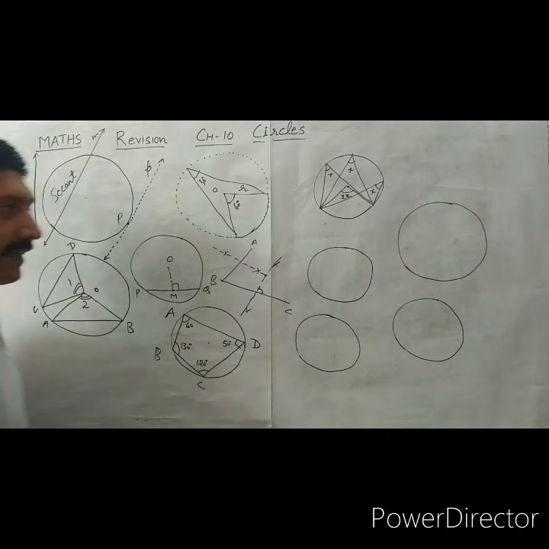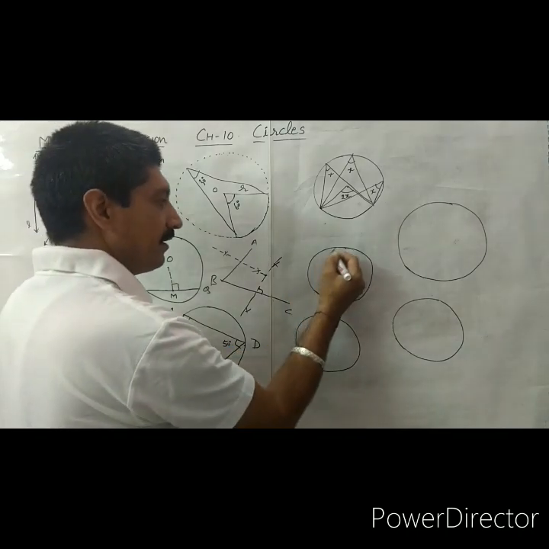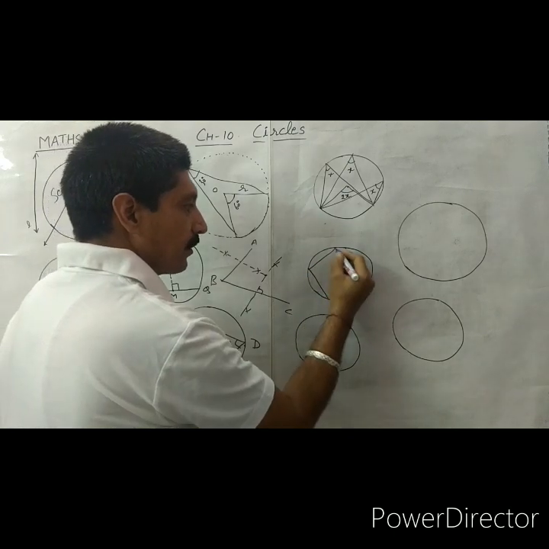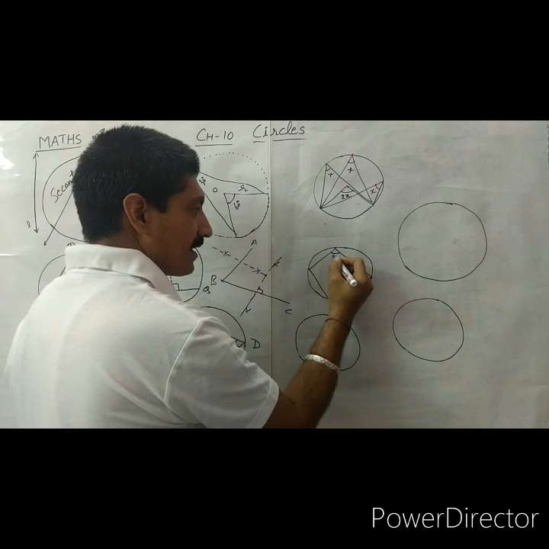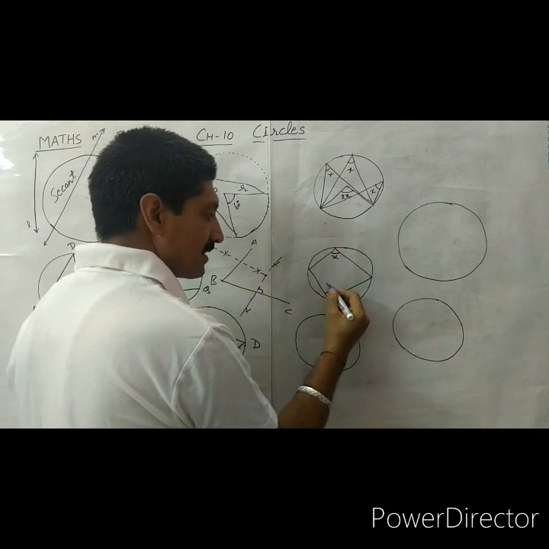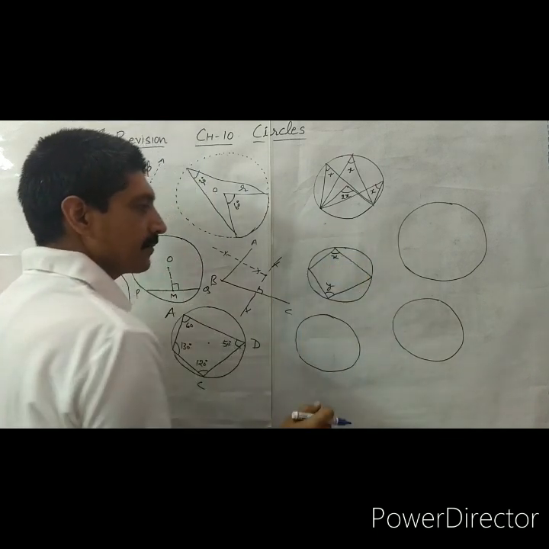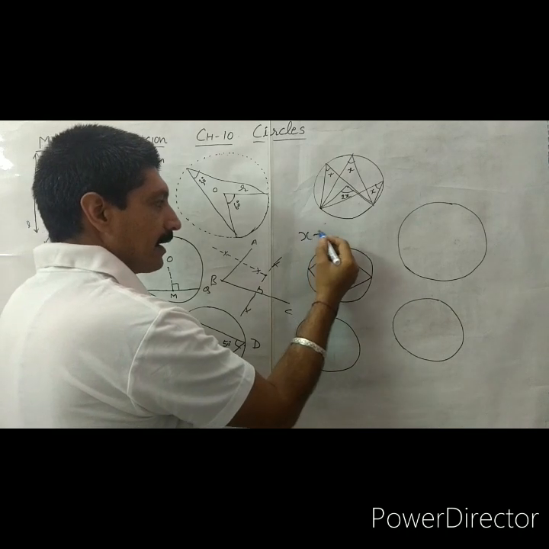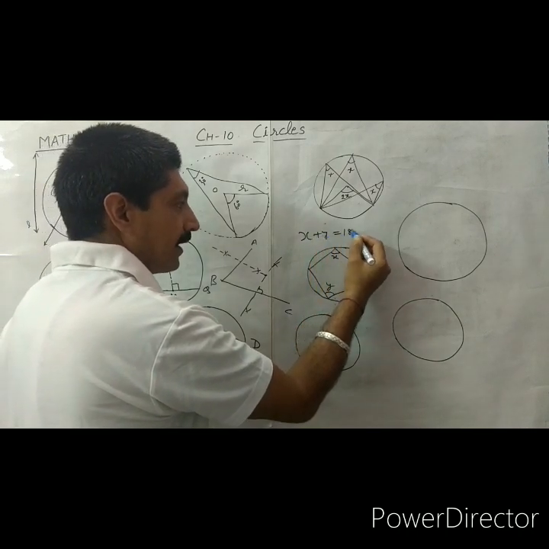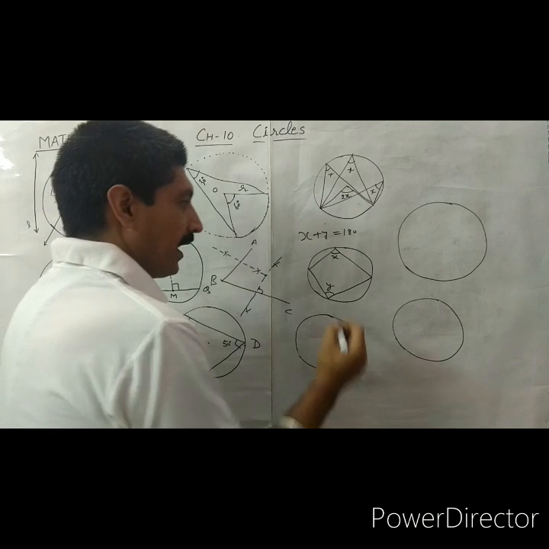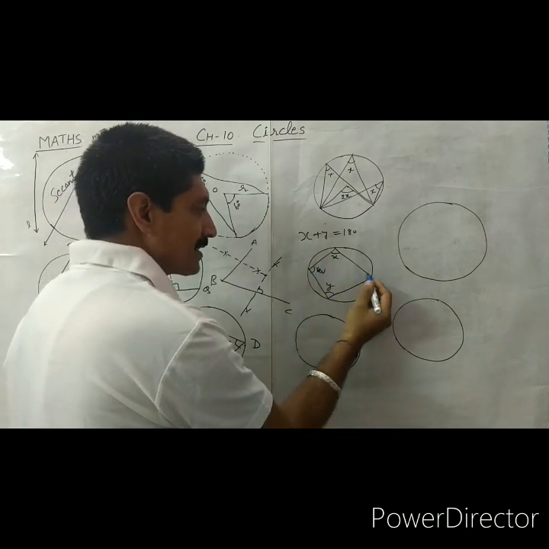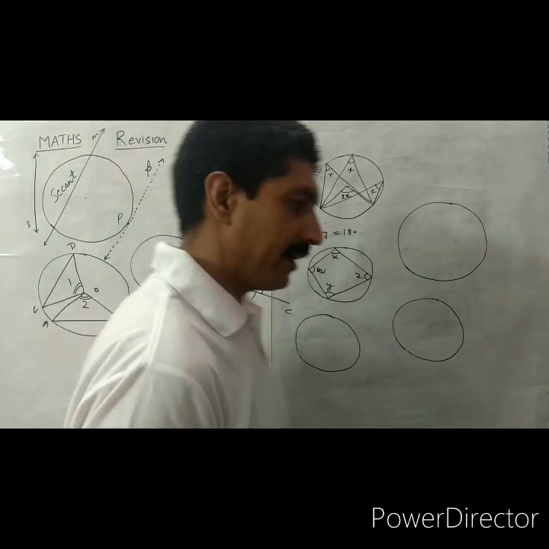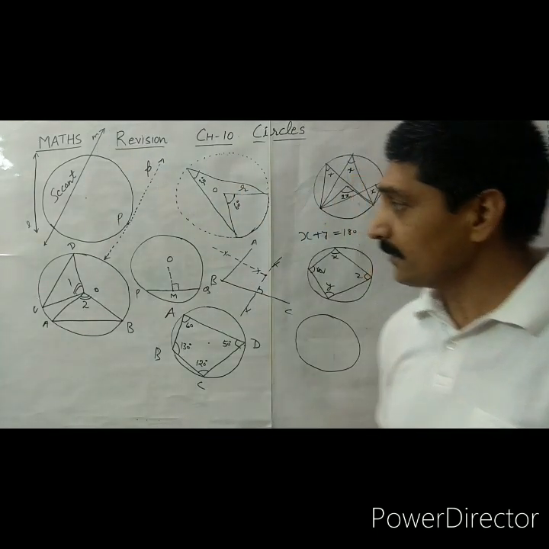So always in a cyclic quadrilateral, the sum of opposite angles is always 180 degrees. X plus y is equal to 180 degrees, and w plus z is also 180 degrees.